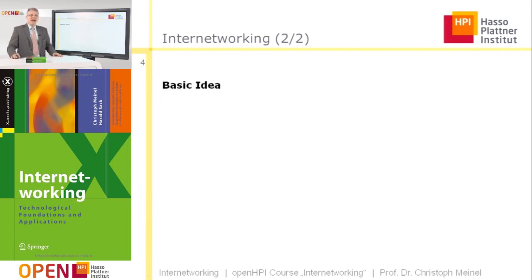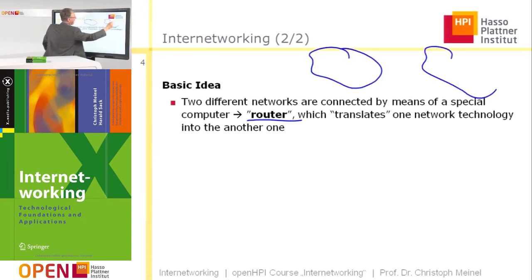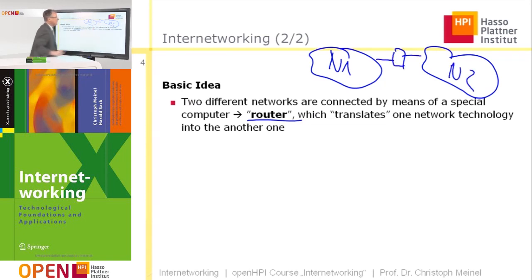What is the basic idea of Internetworking? The basic idea is that we allow the different networks to have their own technology, and we interconnect different networks by means of a router. A router is a translator, which translates the network technology of one network into the network technology of the other. Inside the interconnected network, network 1, network 2, we interconnect them by intermediate systems.